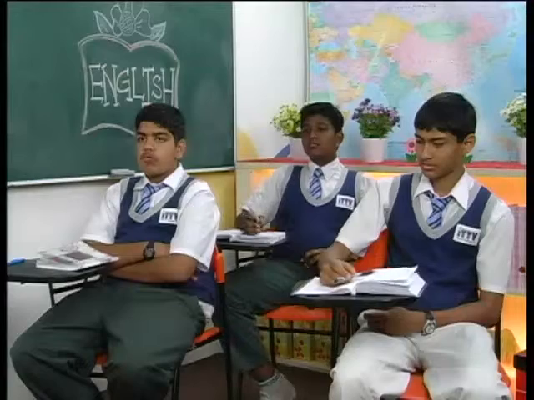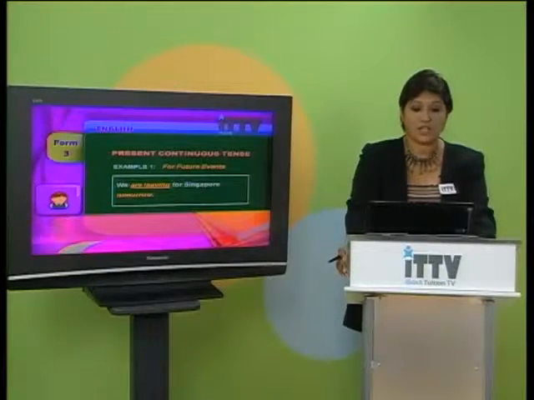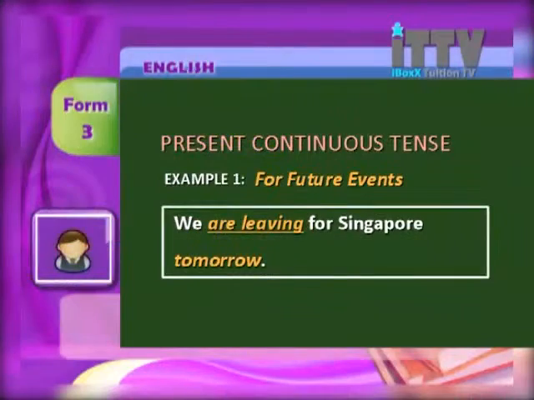Going back to the present continuous tense, I did mention that it is for future events. Students, look at this sentence. We are leaving for Singapore tomorrow. Of course, you will say are leaving is in the present continuous tense. But which other word over there tells you that it is a future event, that it's not happening now directly, but it's going to happen?